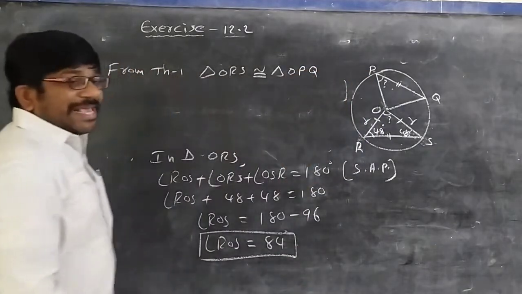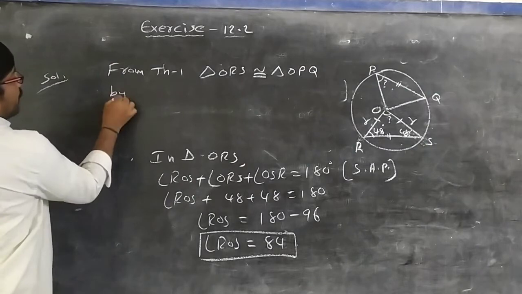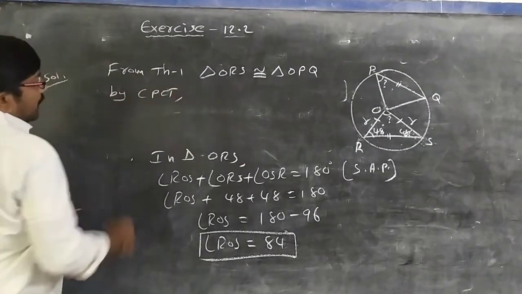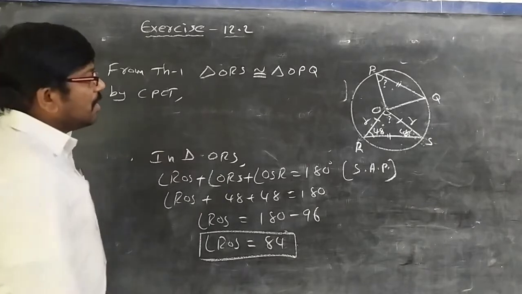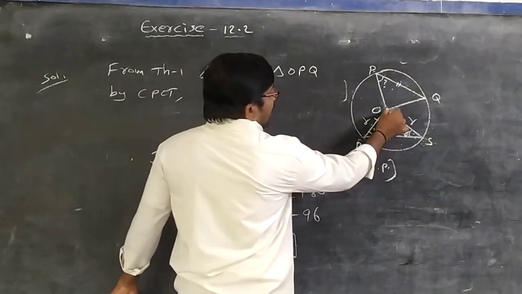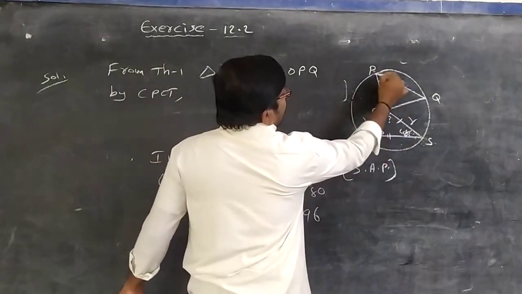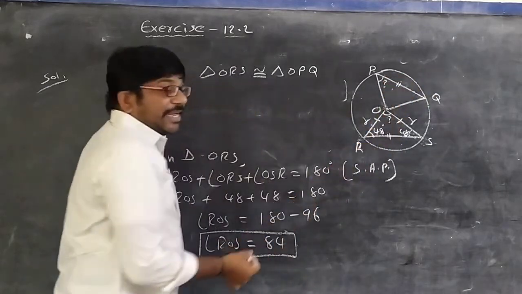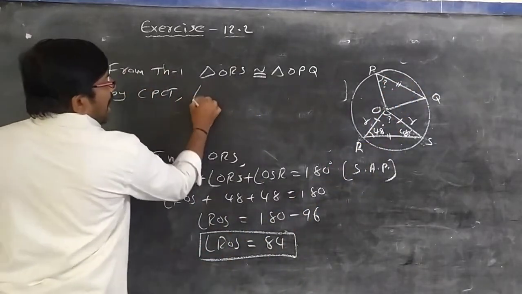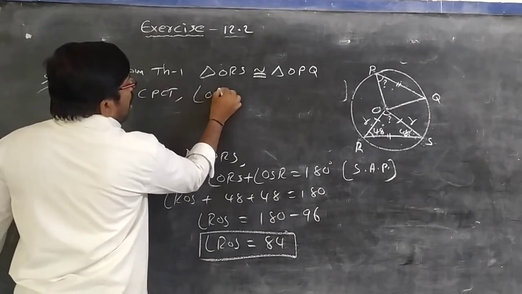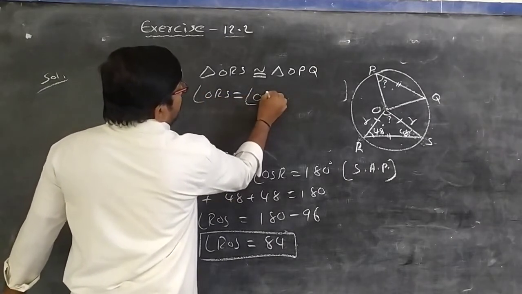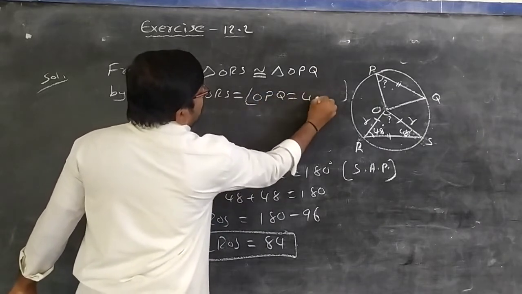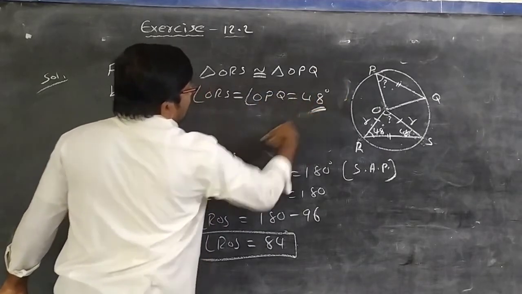By CPCT, if two triangles are congruent, then their corresponding parts are equal. So angle ORS is 48, then angle OPQ is also 48, right? Angle ORS is equal to angle OPQ, which is equal to 48 degrees.